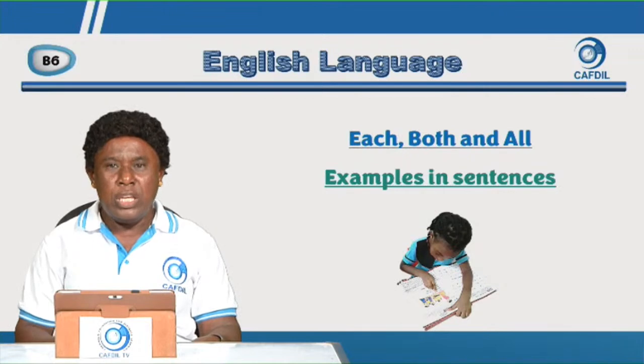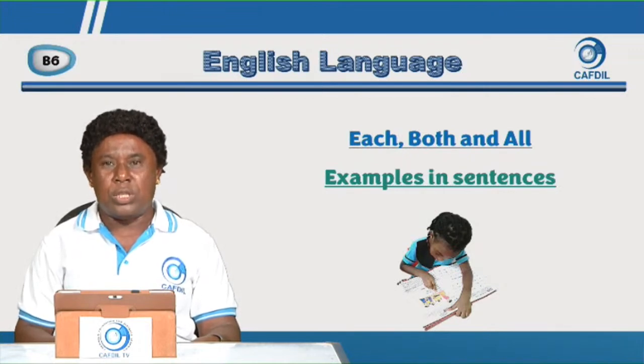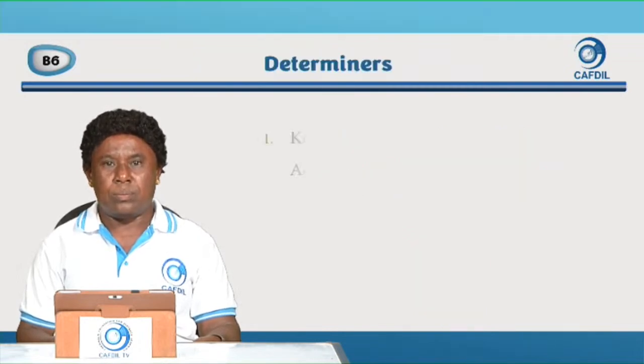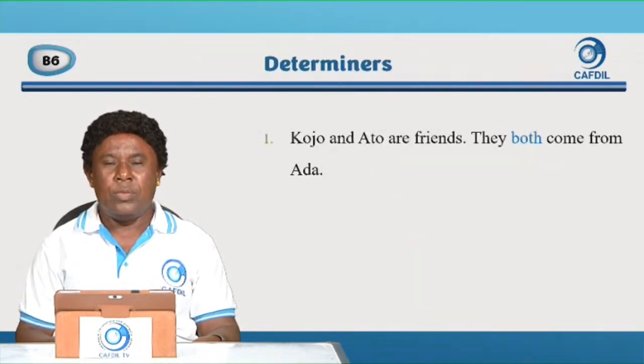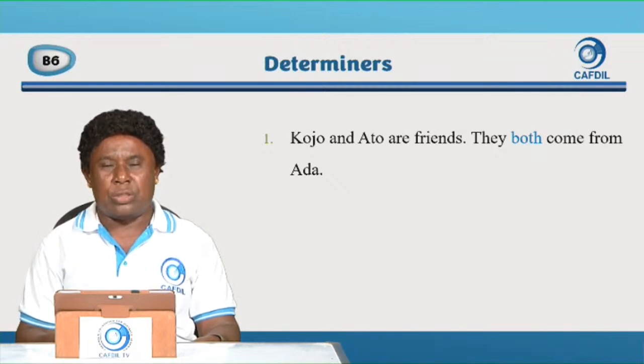Now, each, we know how we can use it. Both and all. Let's now see some examples of sentences using each, both, and all. The first sentence reads, Kojo and Ato are friends. How many people did we mention?